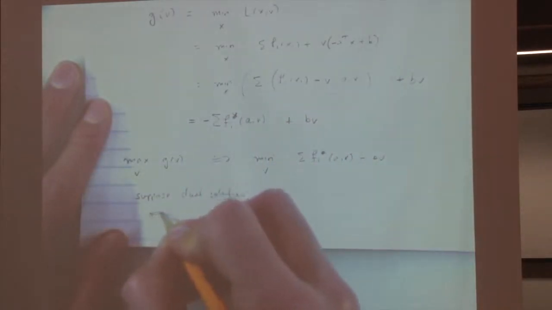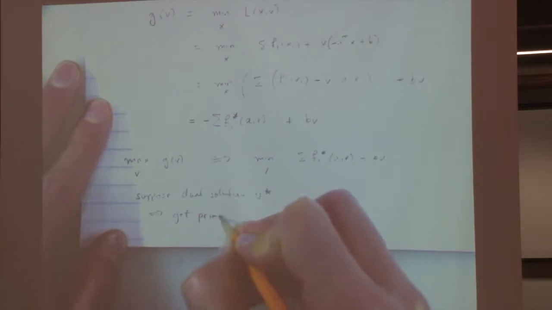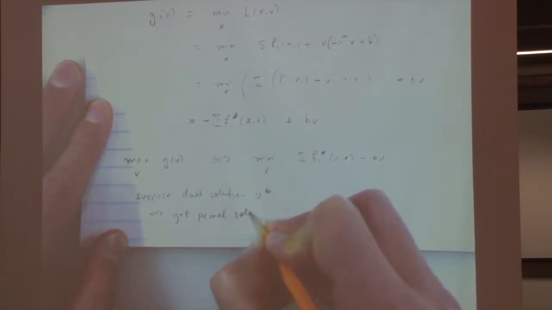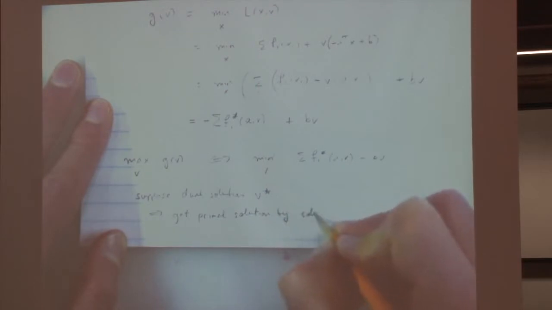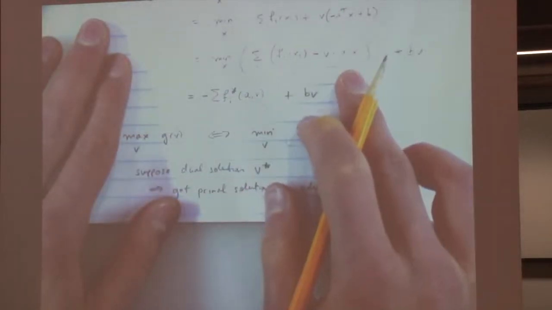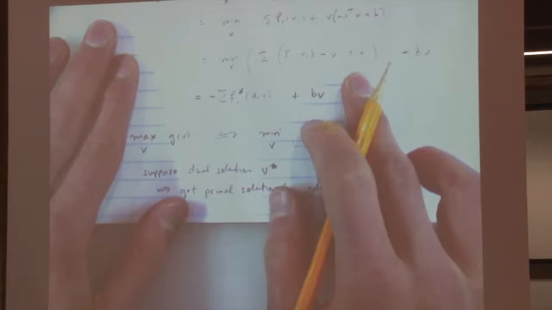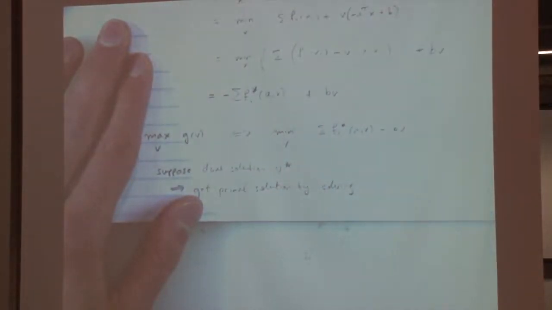So from this we can get the primal solution by solving the following equation. We want to minimize this term over all xi. If we could do that for each i, then we're going to have minimized the Lagrangian over x.